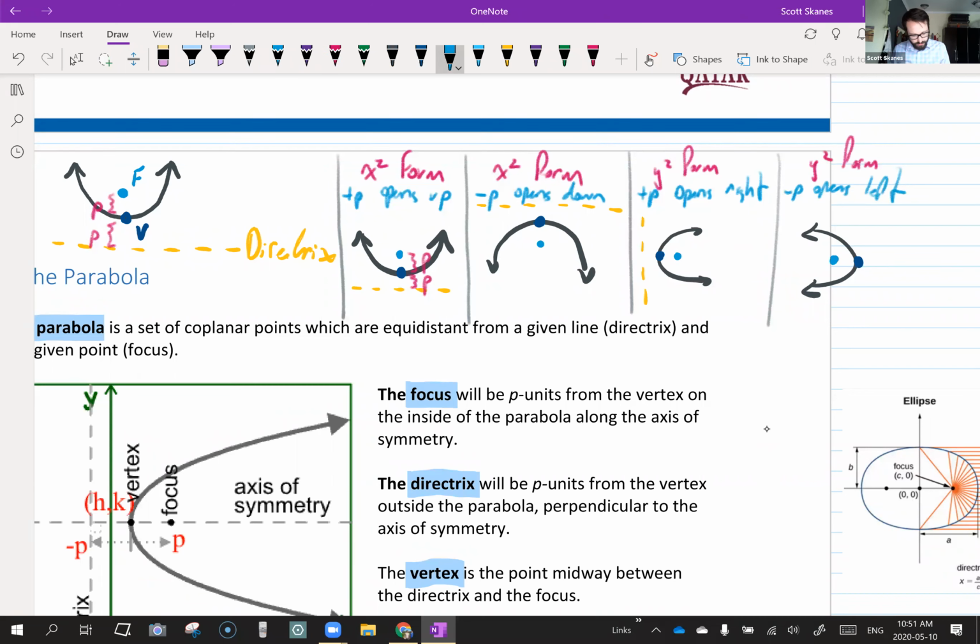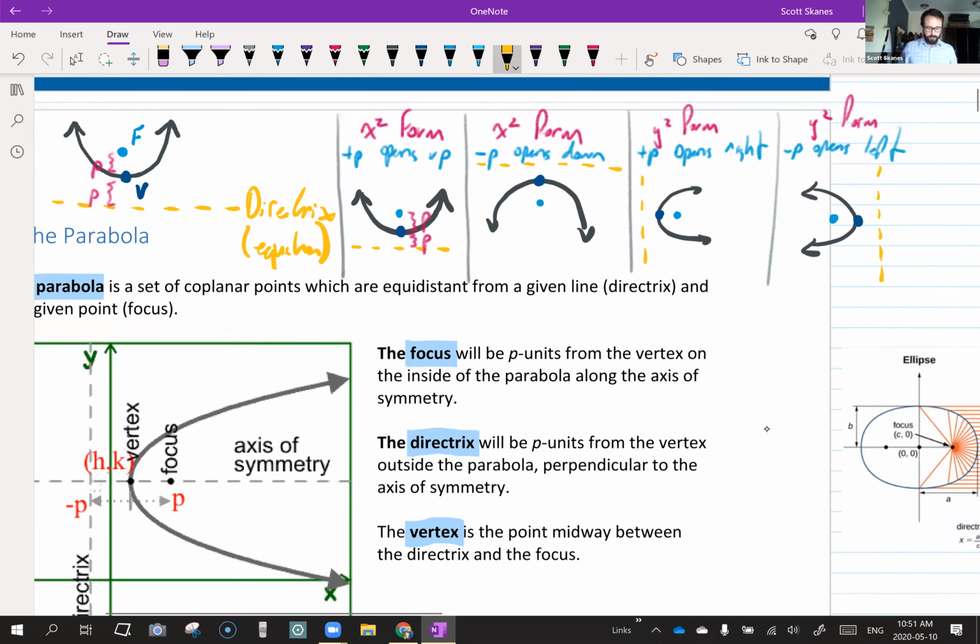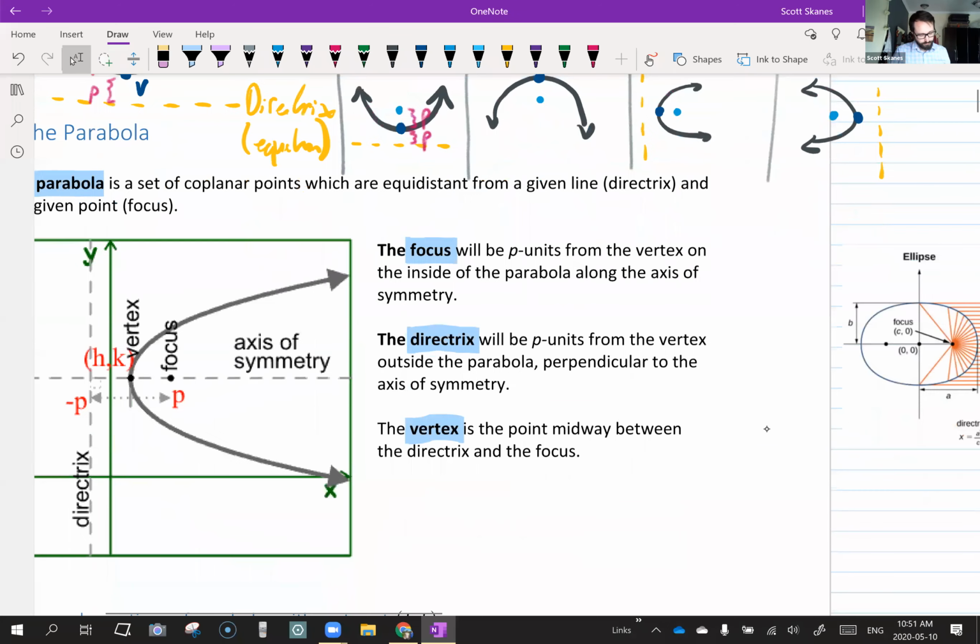We have our focus inside, and we have our directrix outside. The directrix is actually an equation. So I'll write that there. We'll see what it means later. It's an equation. It's either y equals something or x equals something. But I've got my basics written down now. Focus, directrix, vertex. Three pieces for a parabola. Everything else comes from that.